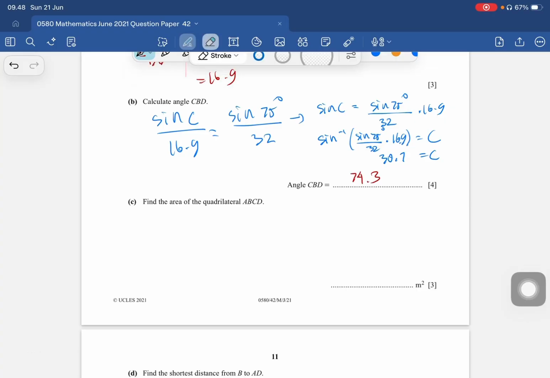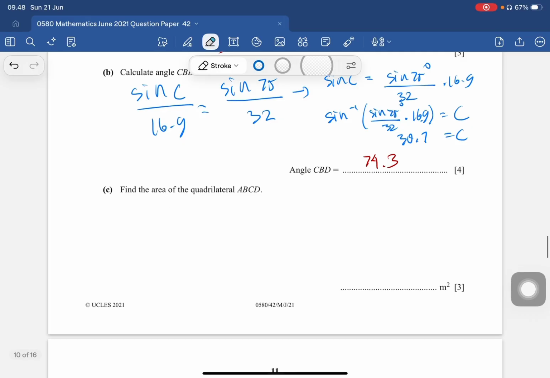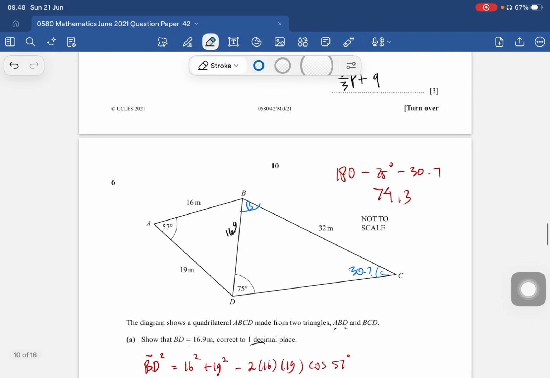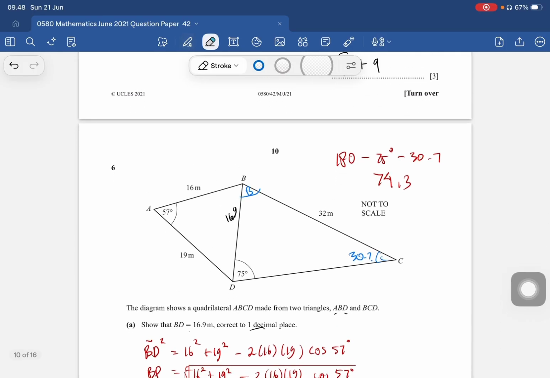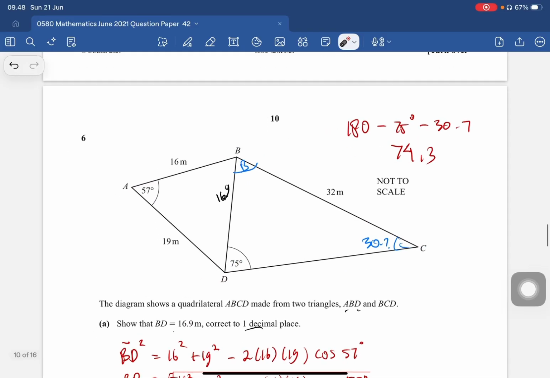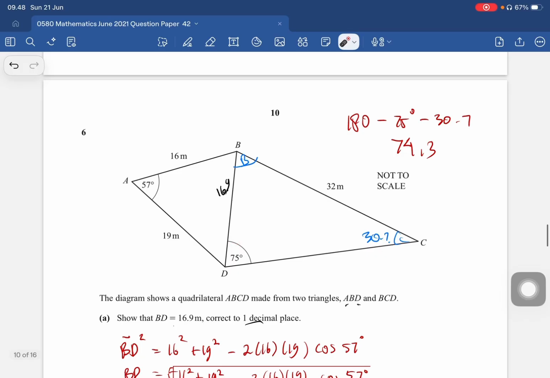Okay, C. Find the area of the quadrilateral ABCD. Okay, here it is, ABCD. The height, okay, there is no 90 degree. So let us use it as the base.